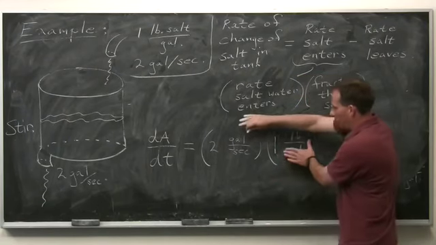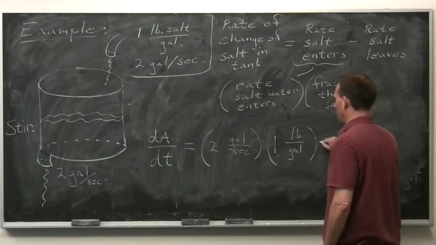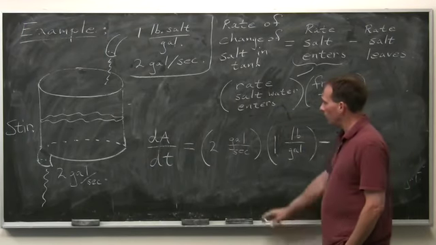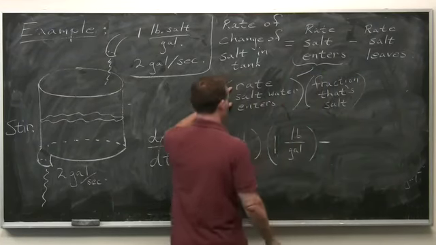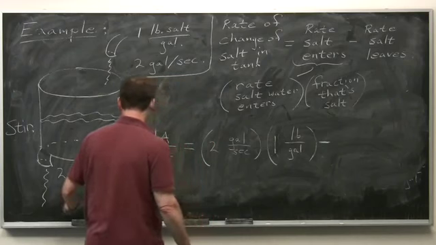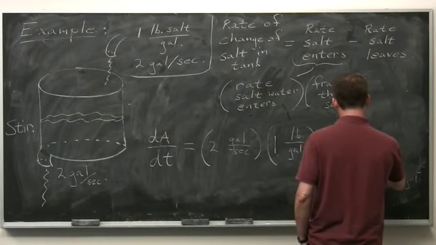So the gallons cancel and you get pounds of salt per second, as we should, minus the rate salt leaves. That's the rate at which salt water leaves, 2 gallons per second. And then you get the interesting part.